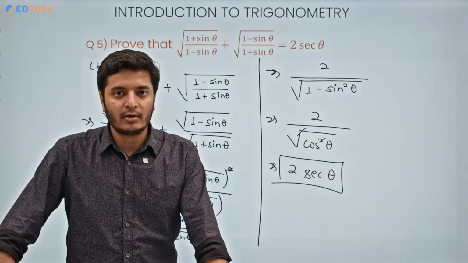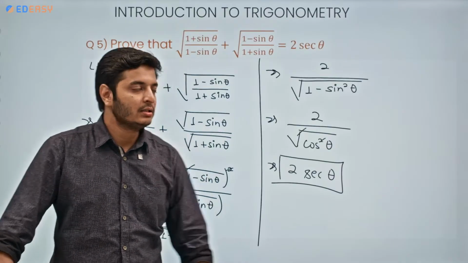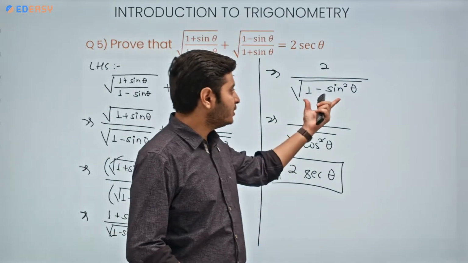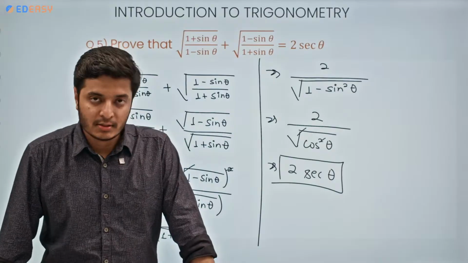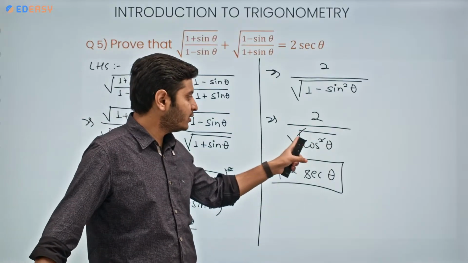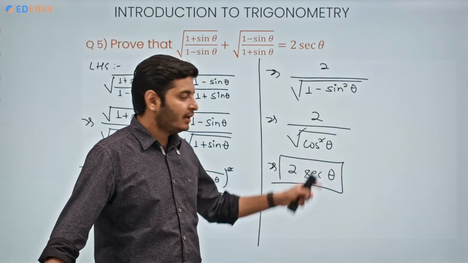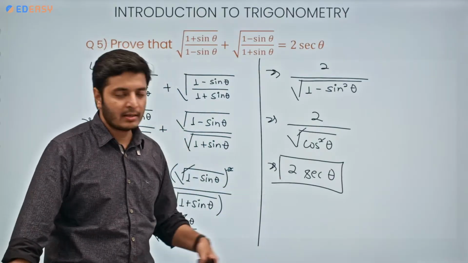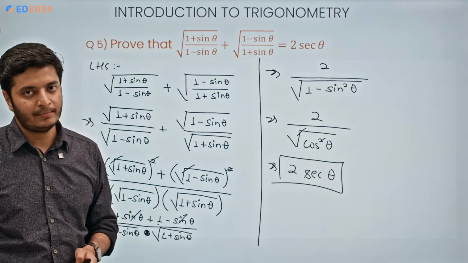That is one more trigonometric identity, sine square theta plus cos square theta is equal to 1. So from here we can replace this value with cos square theta. Again square and root are going to cancel each other and 1 by cos is secant theta. So the final answer will become 2 secant theta.